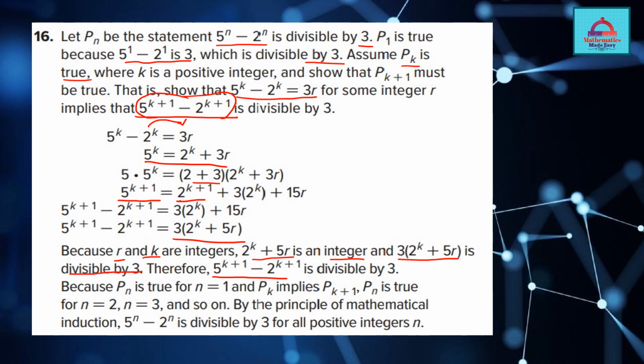Therefore this whole thing is also divisible by 3, and Pn is true for n equal to 1, and Pk implies Pk plus 1, so Pn is true for all values of n, and by the principle of mathematical induction we have got our proof that 5 to the power n minus 2 to the power n is divisible by 3 for all positive integers n.